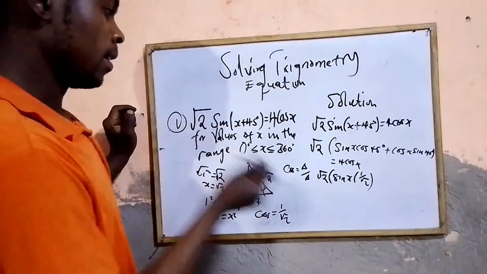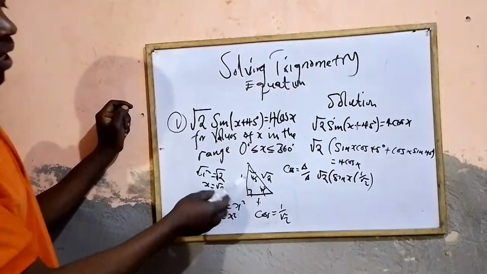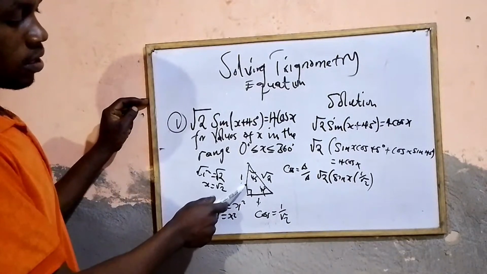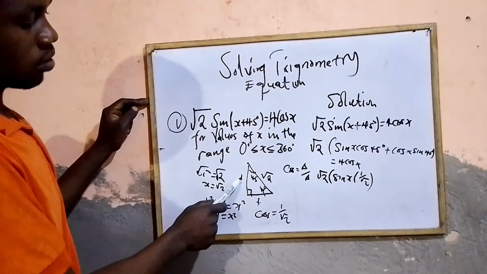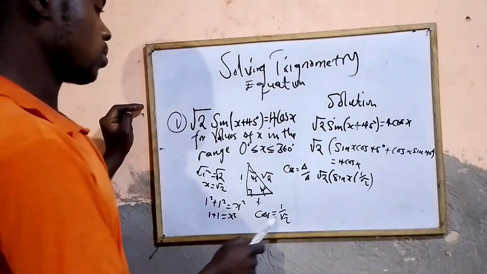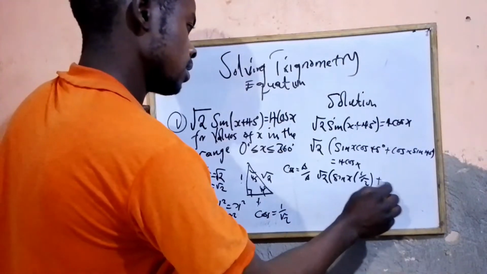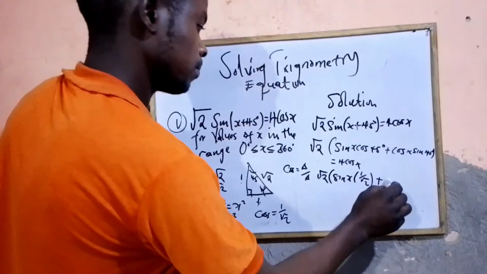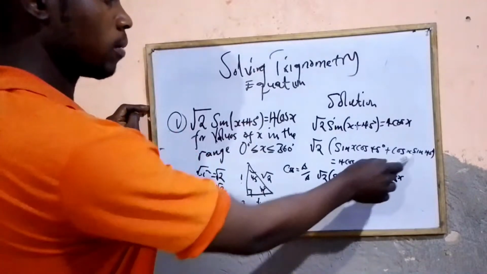Where there is cos 45, I substituted the special angle ratios, 1 and 1 then root 2, so cos 45 is 1 over root 2, plus cos x, and the same applies to sine 45.